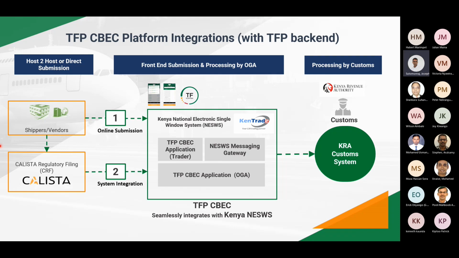Then we will have a pilot site, a trial site. We will let all the OGAs and a few identified pilot stakeholders use the system and play with it. Yeah, that's great.